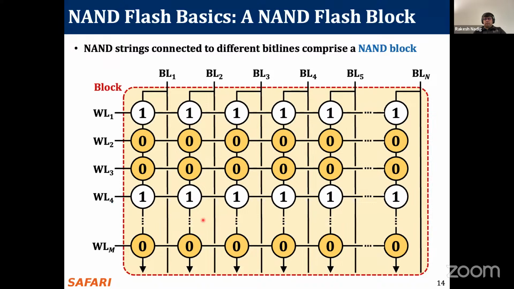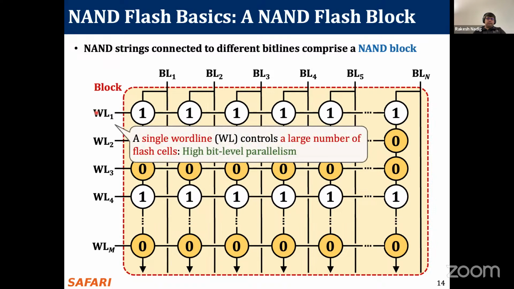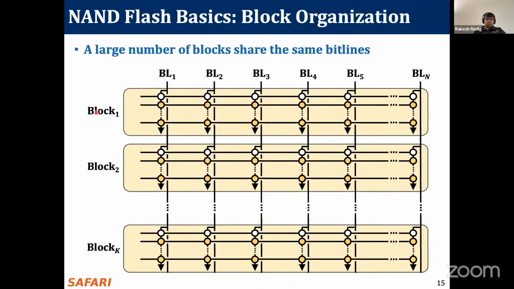Then, if we lay out a number of NAND strings in a horizontal manner, which are connected to different bit lines, we get the flash block. And if we connect the flash cells at the same level across different bit lines, then it forms a word line. A single word line controls a large number of flash cells, and it provides high bit-level parallelism.